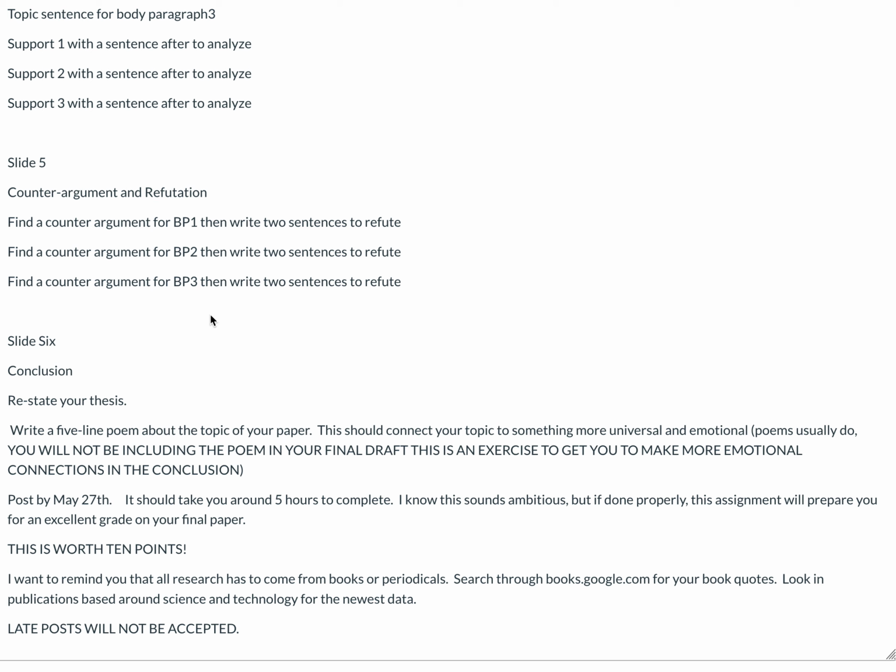Counterargument and refutation, that's a little bit easier, I think. You just find the best counterargument that is articulated for body paragraph 1, and then spend two sentences refuting it. For our minimum wage example, they're arguing for minimum wage. Well, I find somebody that says minimum wage should not be changed, industries will die. Two sentences to refute. Industries are dying all the time right now.